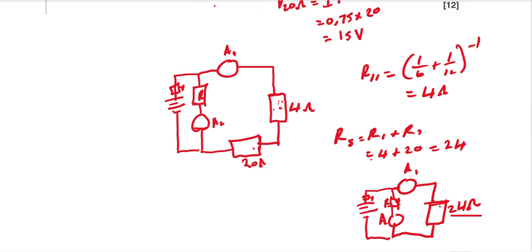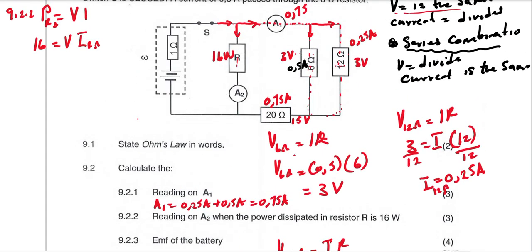That's why I'm saying when we combine the voltage of this 20 ohm and add it with this voltage, we find the voltage of this R. The voltage of R is 15 volt plus 3 volt. What do we get? We are getting 18 volt.